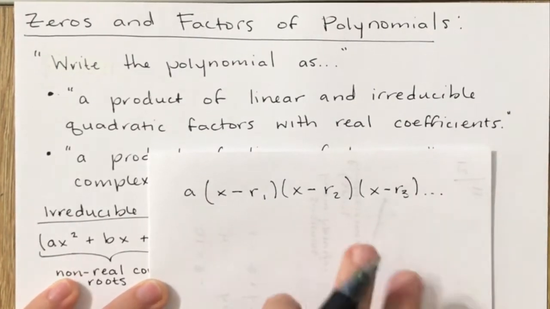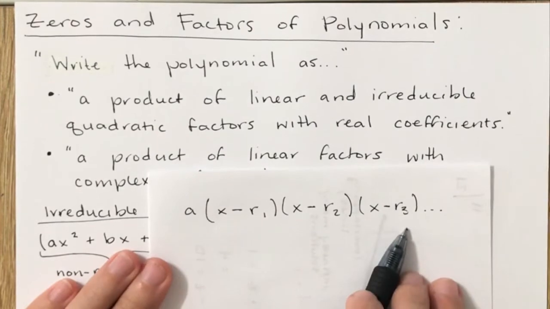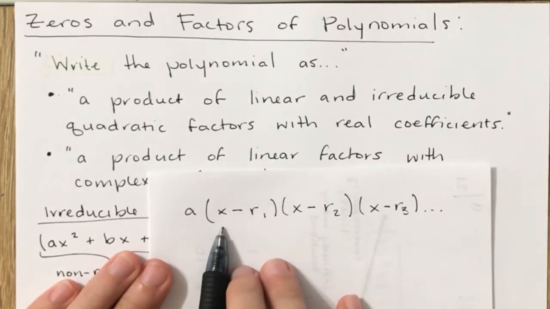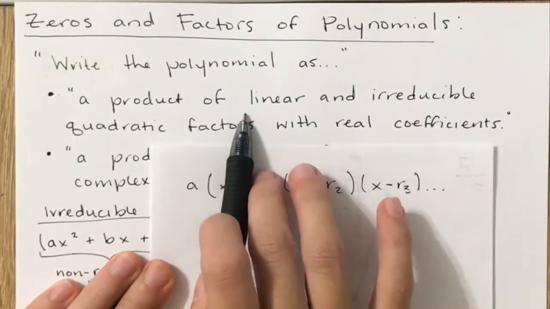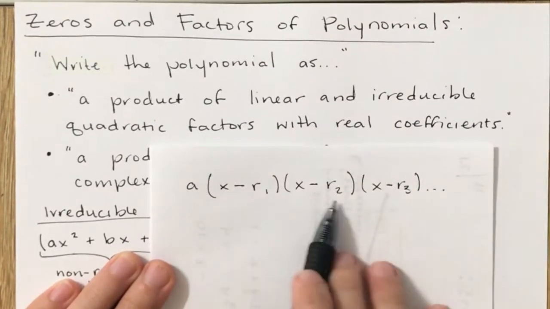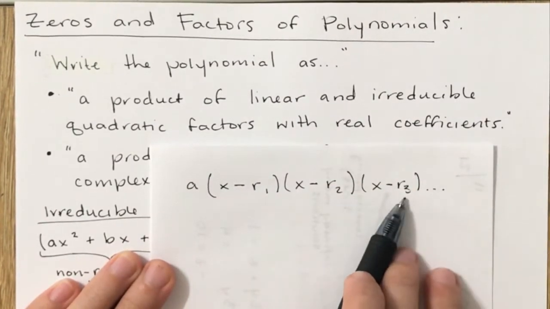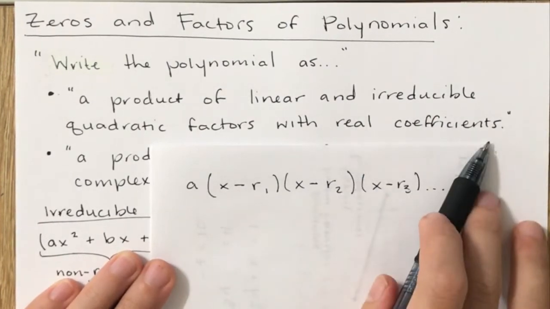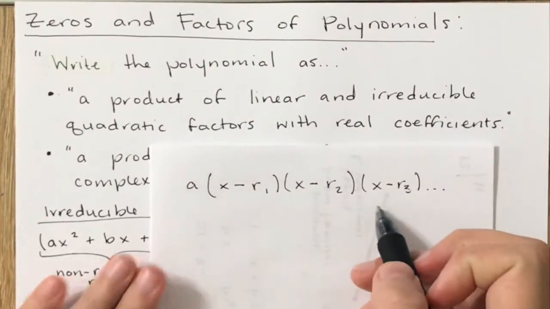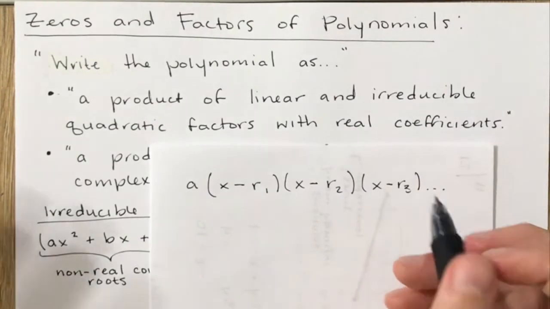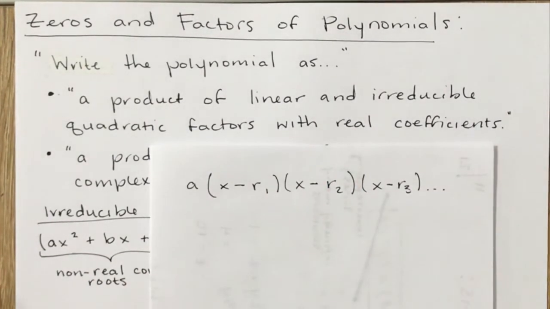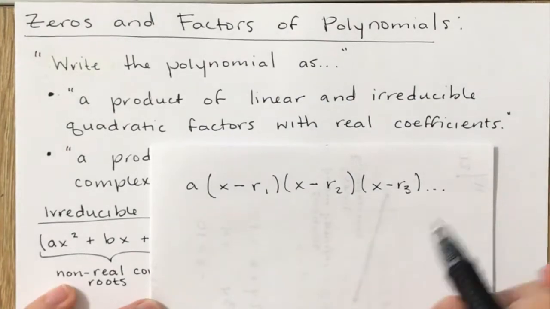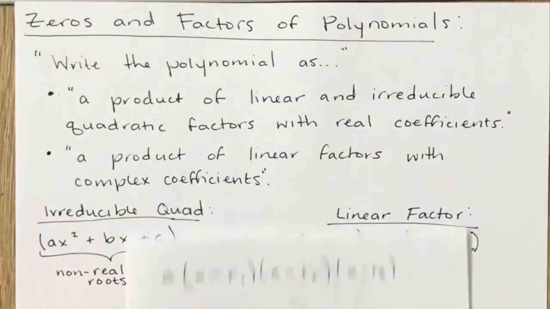So in order for us to write a polynomial where all of the coefficients are real, the ones that have real roots can be linear. But if we have non-real roots, we have to multiply some of the roots together in order for us to have real coefficients. We'll see an example of this in just a second.